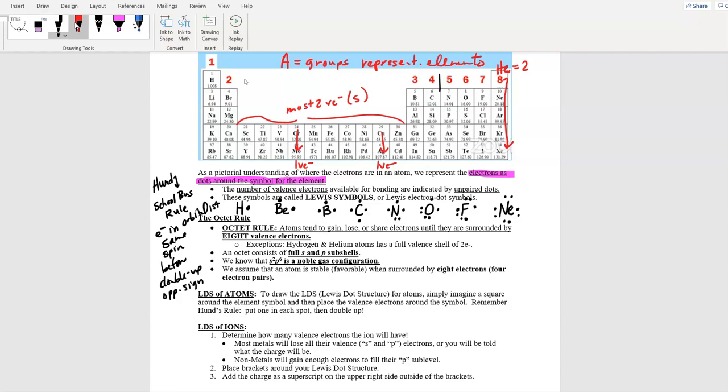Okay, so we kind of have what's called a generic symbol, where I like to put them in certain orders because it makes sense in this order, and that's why I'm going to show you this order. I start my dots on the right side, and then I go around counterclockwise. So 1, 2, 3, 4.